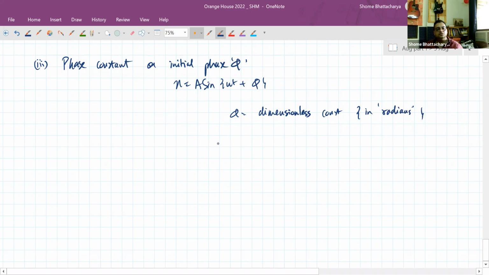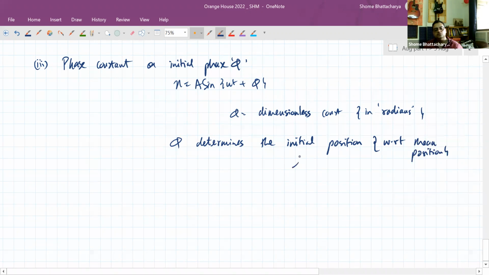The value of phi determines the initial position from where the SHM is starting with respect to the mean position. It actually determines initial position and velocity. We'll discuss velocity in a bit, but here we'll just talk about initial position.